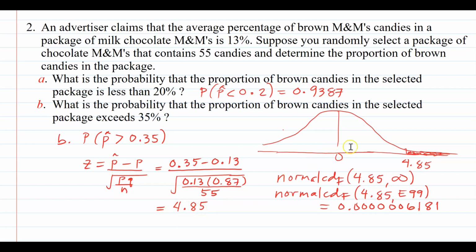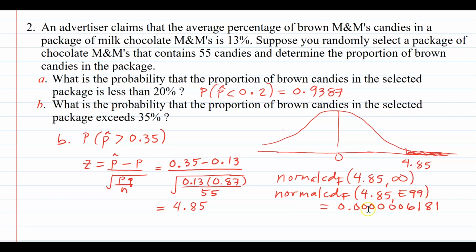Then we draw the normal curve and locate the 0 in the middle and 4.85 on the right side. And because we want to find the probability that p hat exceeds or is greater than 0.35, then we want to find the area under the normal curve from z value 4.85 to the right side. Using our TI calculator, normal CDF 4.85 to infinity or to E99.